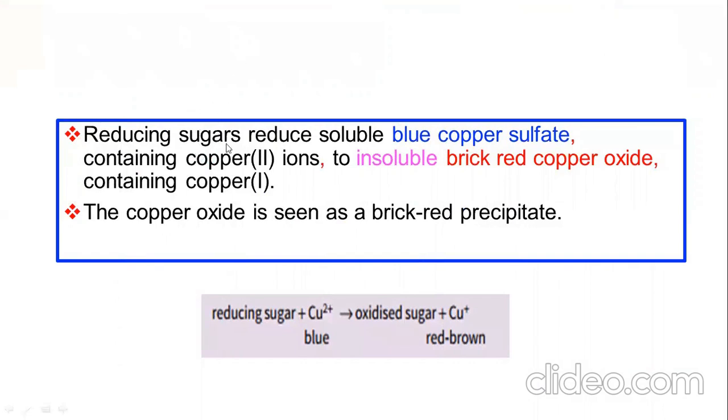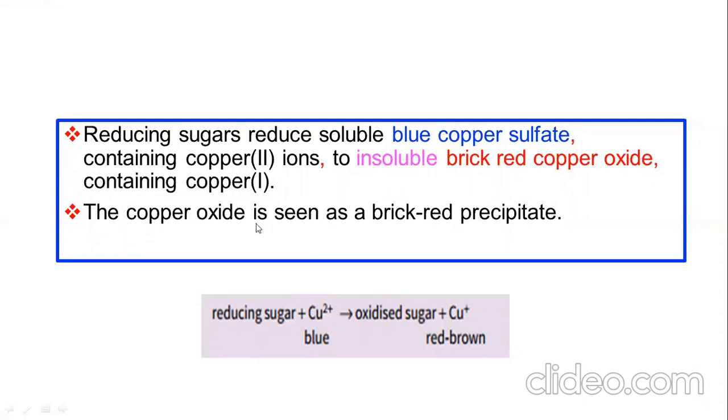Now, reducing sugar actually reduces soluble blue copper sulfate. What it is doing is reducing the copper sulfate ion to insoluble brick-red copper oxide containing copper.